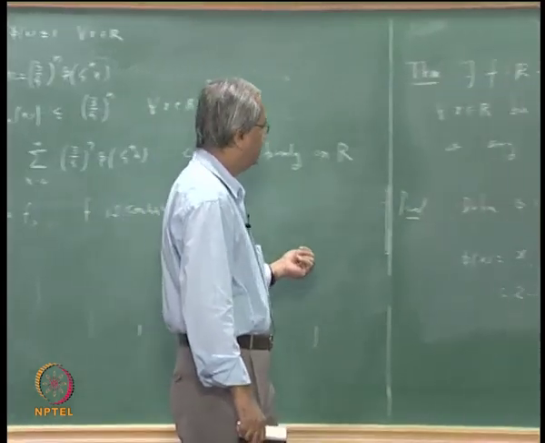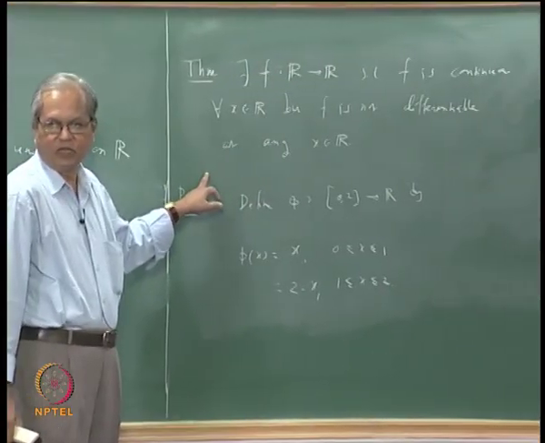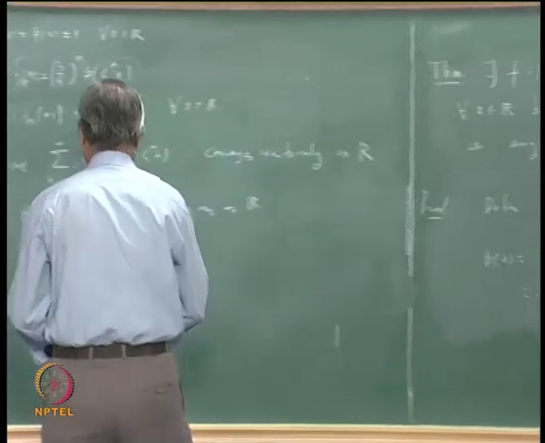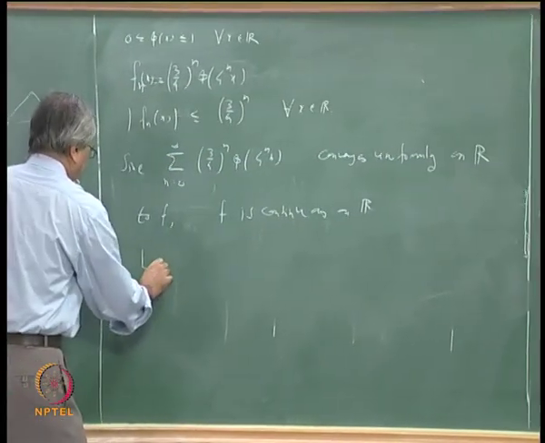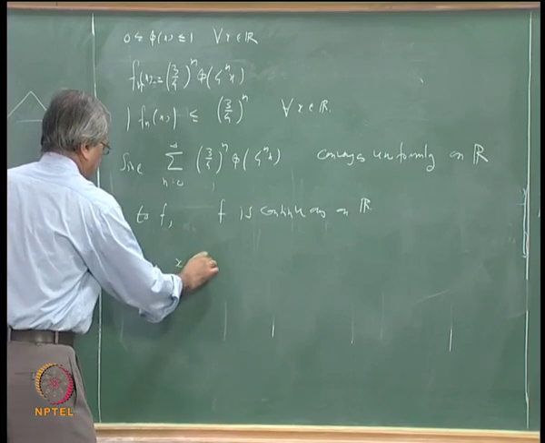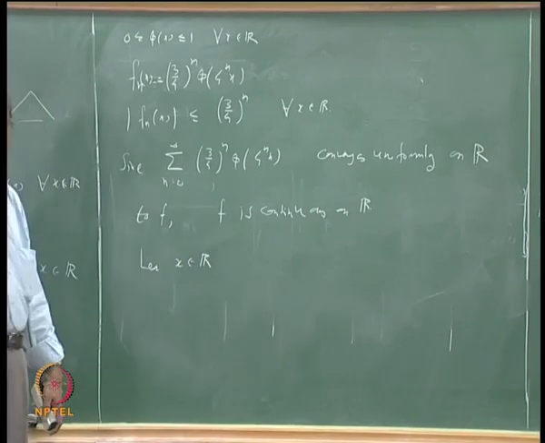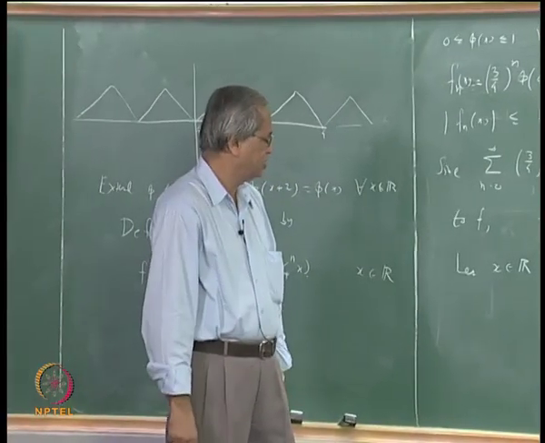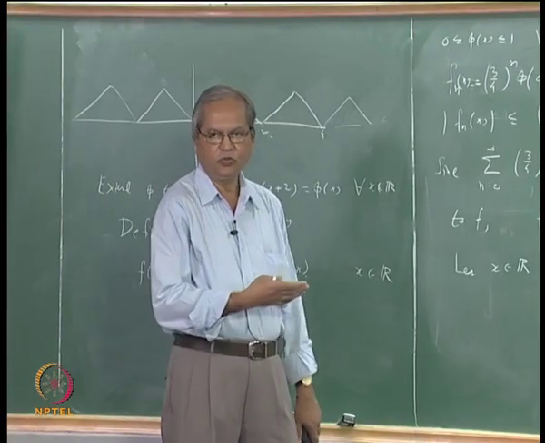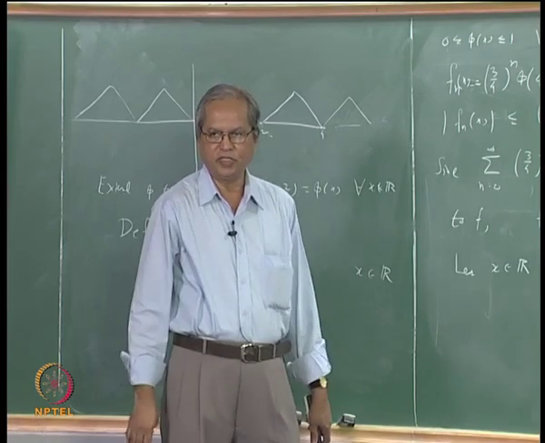We need to show that f is not differentiable at any x. So let us take some x in R, and to prove that it is not differentiable there, we are going to use the technique given by the previous lemma.